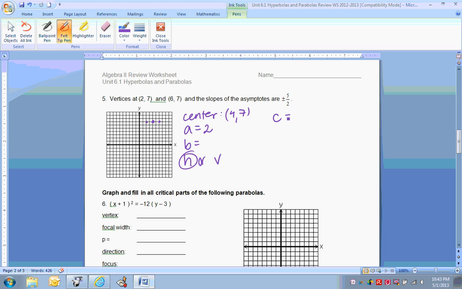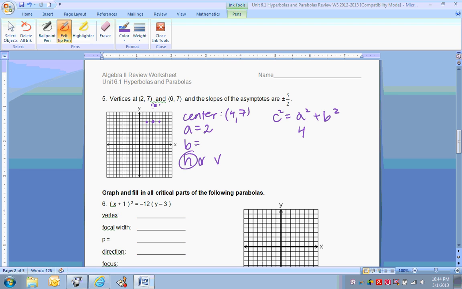And then we use C squared equals A squared plus B squared to find B, but in this case we only know A squared is 4, and we don't know C and we don't know B yet. So what I have to do is, my slope of my asymptotes is 5 over 2, so I know I'm going to rise from my center 5 and then run 2.